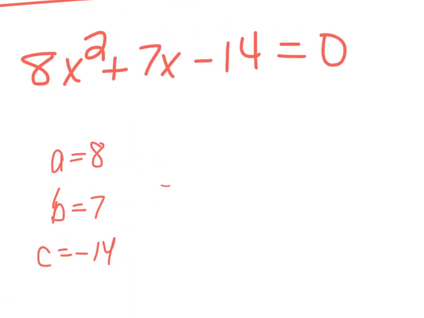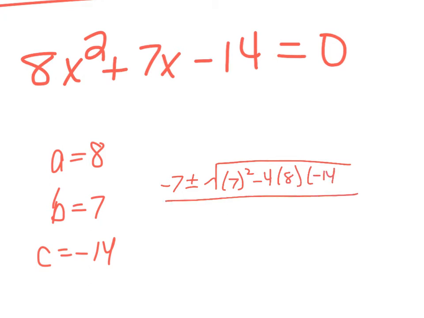Okay, so I have negative 7 plus or minus 7 squared minus 4 times 8 times negative 14. Gonna be big. It's okay. Over 2 times 8. Did I write all my numbers correctly? Yes?